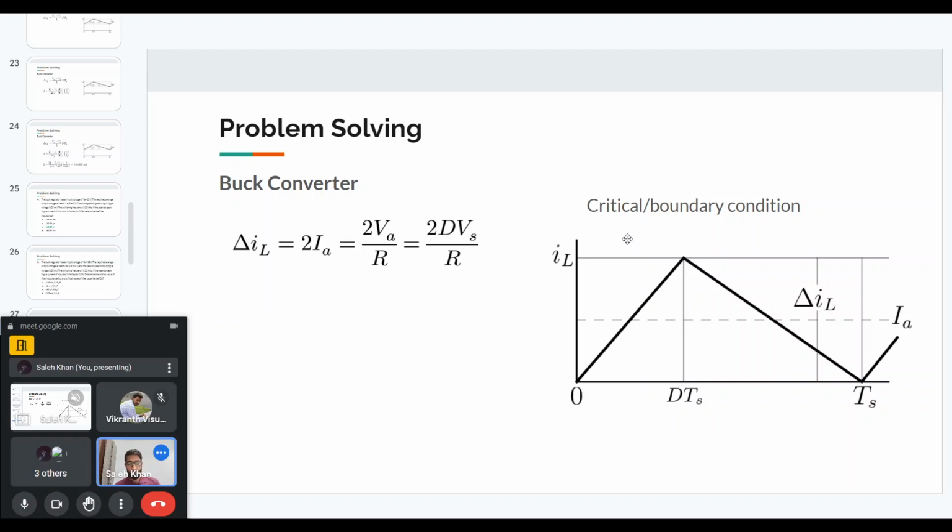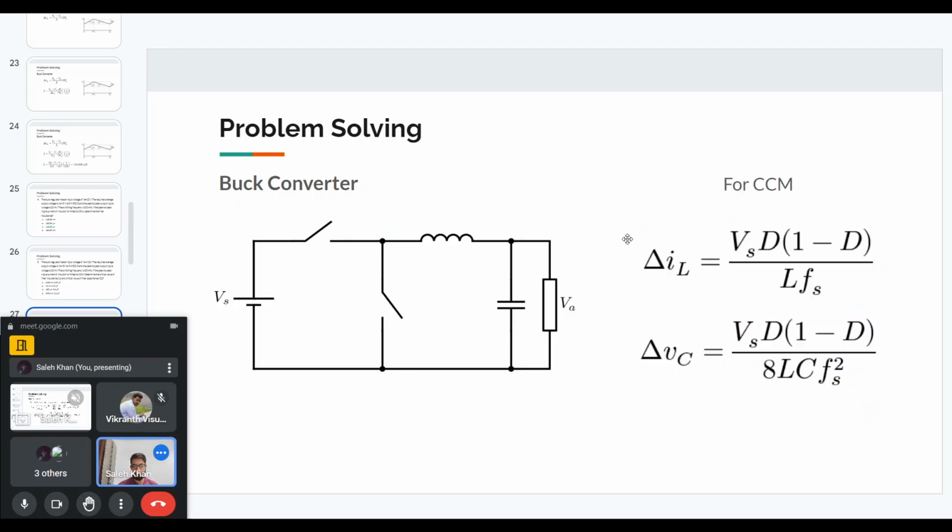And so you can see that in the buck case, the average value of the inductor current is the output current. Here the inductor current has a ripple, and that ripple portion of the current goes to the capacitor. So the average current goes to the load. The average current of the buck inductor is equal to the output load current.